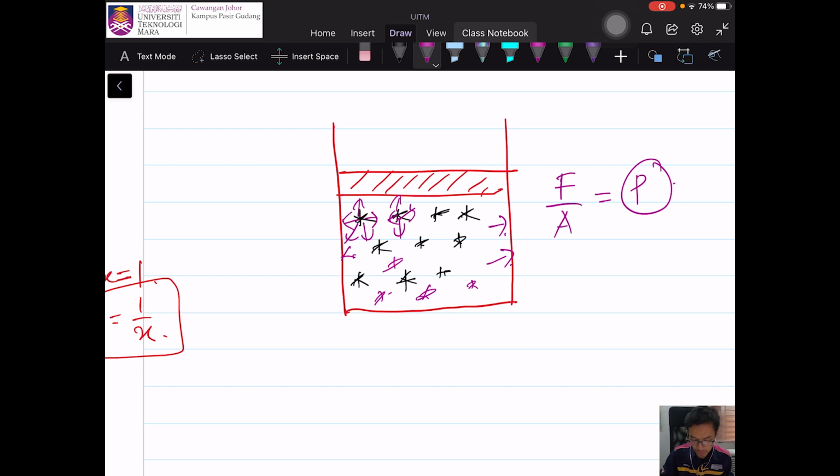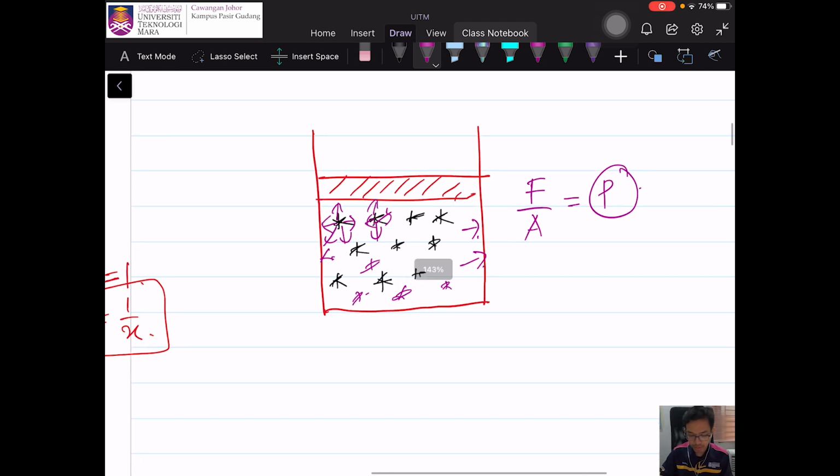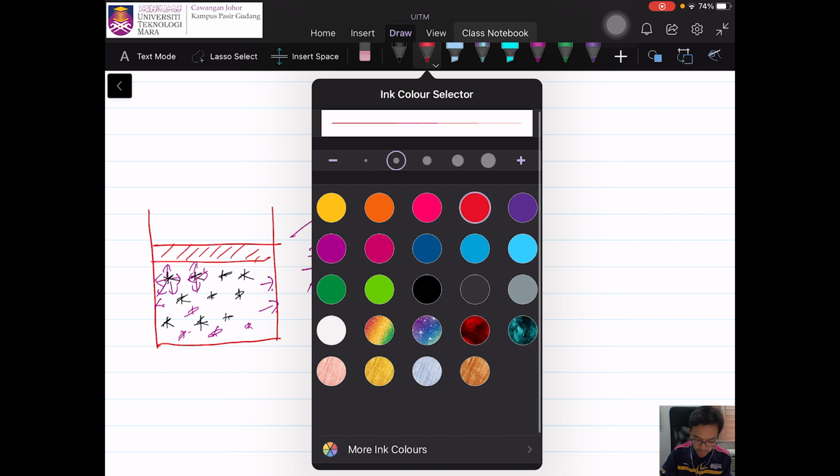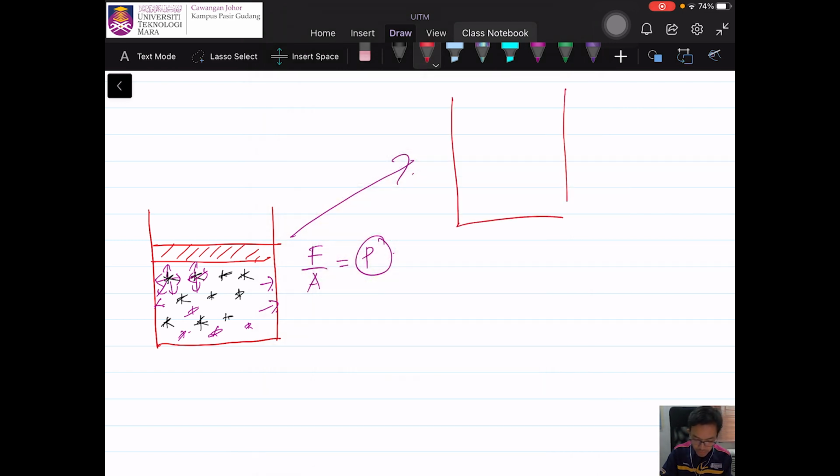So if I move the piston upward, when I increase the volume by bringing the piston upward, what will happen inside this system is that the volume of the gas will be increased.